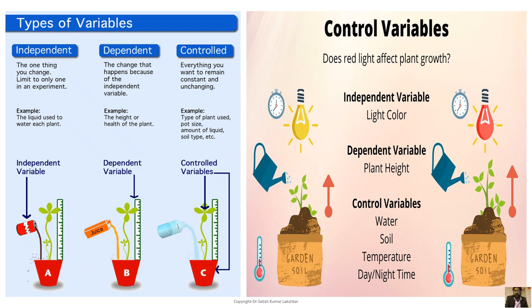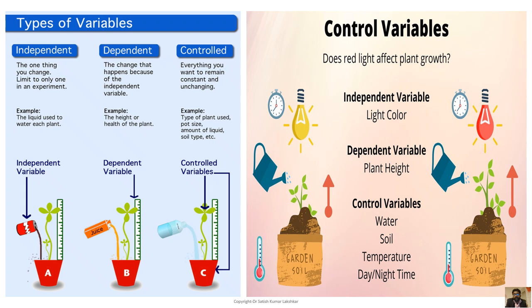If we are keeping the light color as yellow or orange, let us say orange light, and then change the light color to red for a few days, is this going to make any impact on the height of the plant? So light color could be an independent variable, and the dependent variable would be the height of the plant. Now what is the role of the control variable in this case?